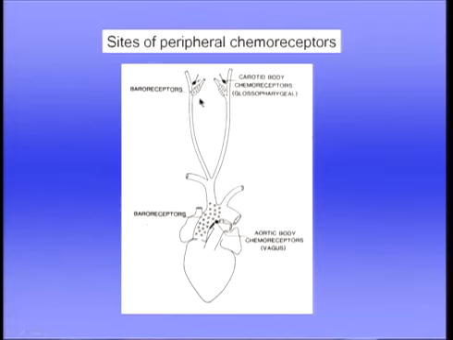Incidentally, the information from the carotid body chemoreceptors goes to the brain via the glossopharyngeal nerve, that's nerve number 9, whereas the information from the aortic body chemoreceptors is inputted to the brain via the vagus, that's cranial nerve number 10. You'll also see that close to the chemoreceptors are baroreceptors.